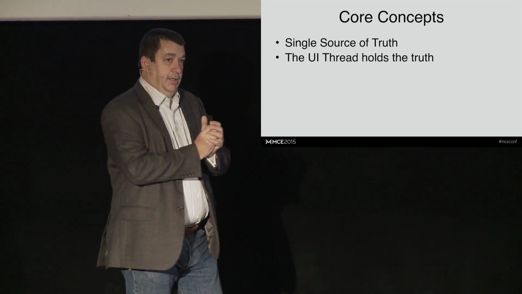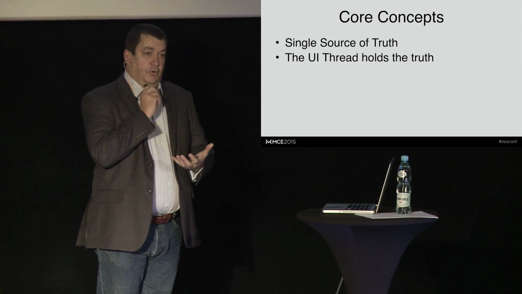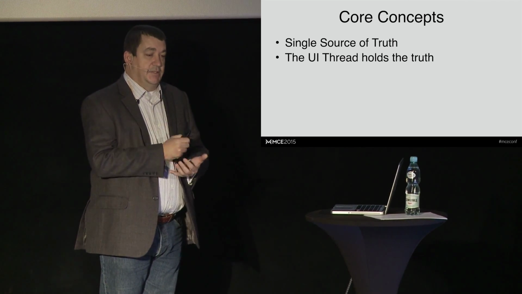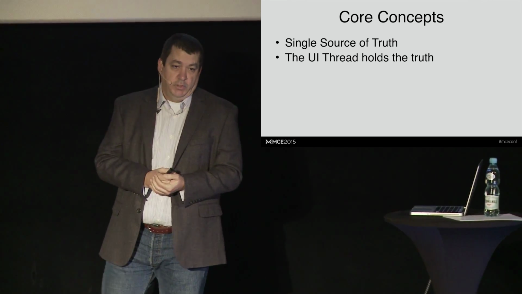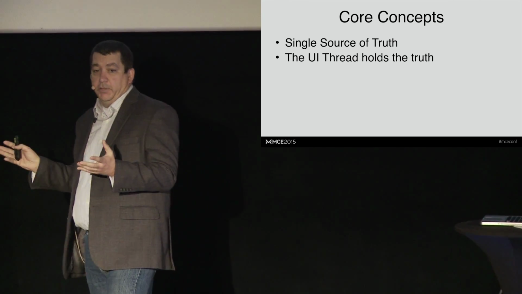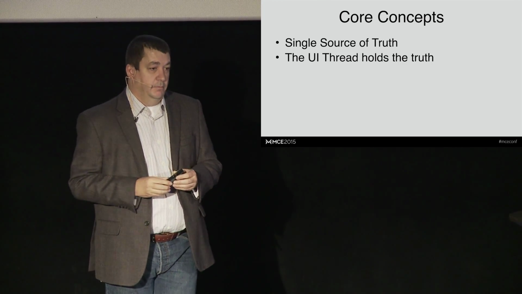Truth and UI, they go hand in hand. Your user interface, no matter how hard you try, is a single-threaded organism. That's true in Cocoa, that's true in Swift, that's true in Java. Pick your language, the user interface is designed to be on one thread.